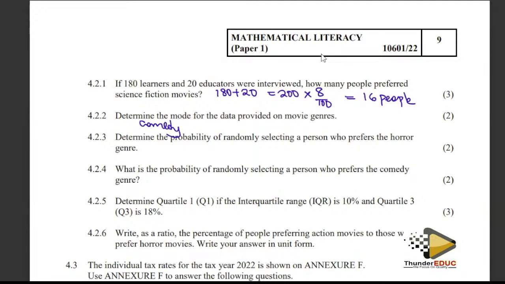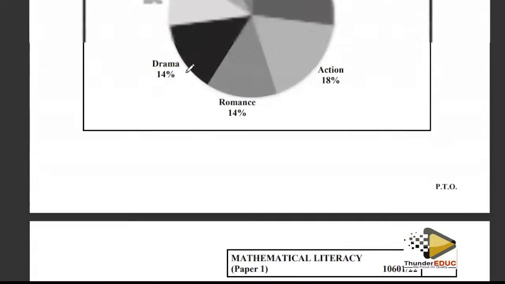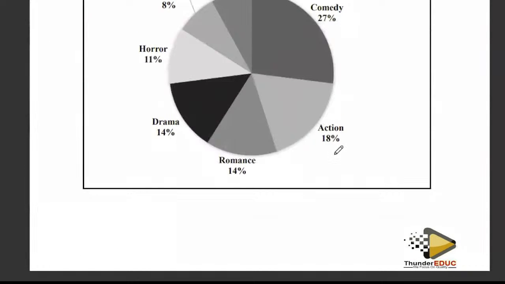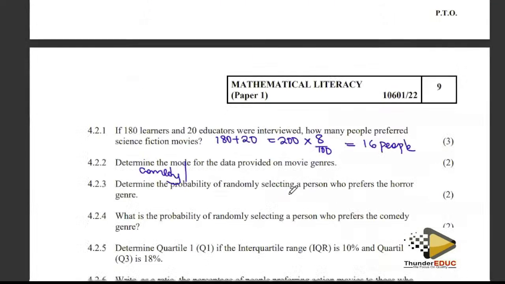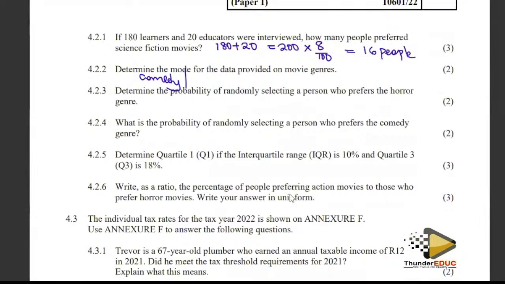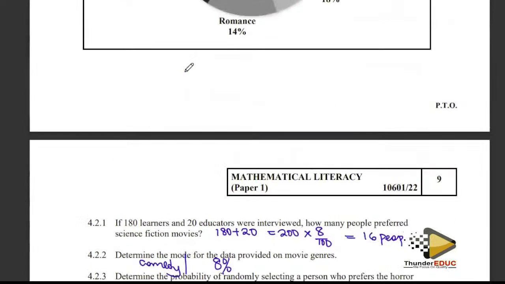We are looking at the mode for the data provided. We have values: 14% appears twice and 8 appears 3 times. So anyone who said 8% was also right. We go on. Determine the probability of randomly selecting a person who prefers horror genre. We go up there and we see horror.